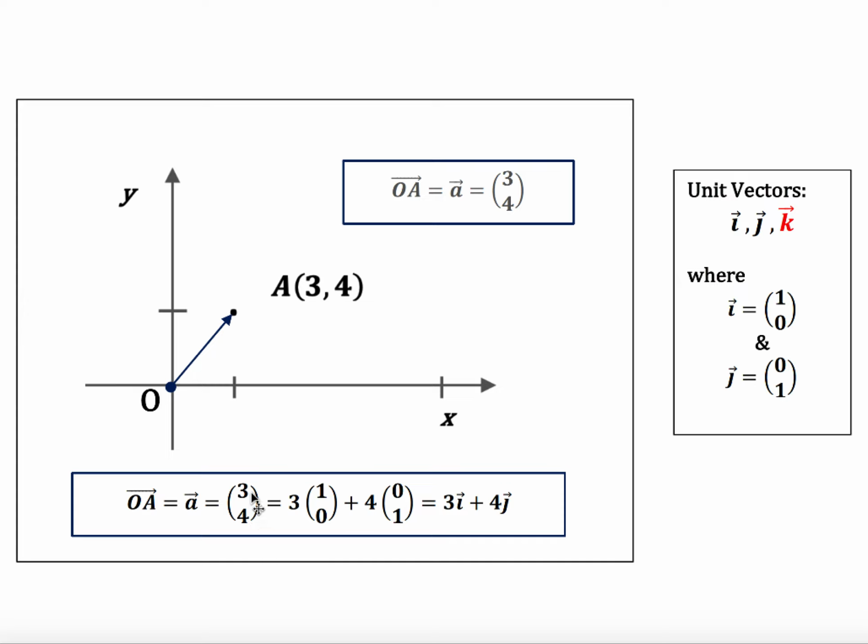Well, the column vectors can be pulled apart as 3 times this particular column vector plus 4 times this one here, because 3 times the 1 is just going to give you the 3, and of course 0 will account for this. So it will be 3, 0 plus 0, 4, same vector resulting.